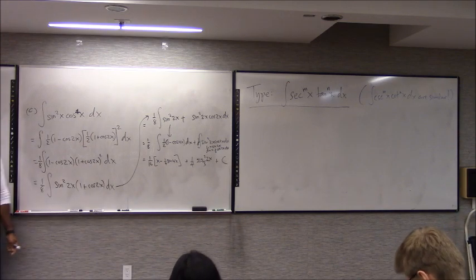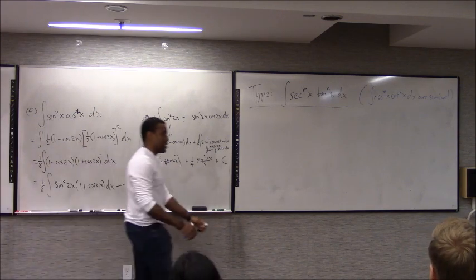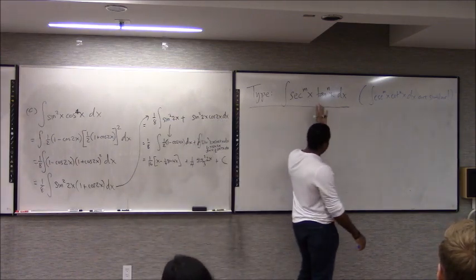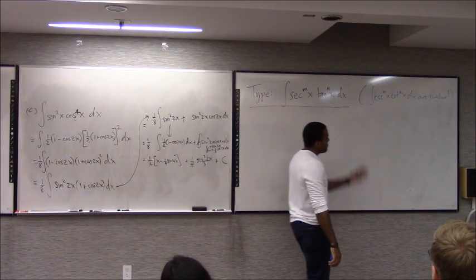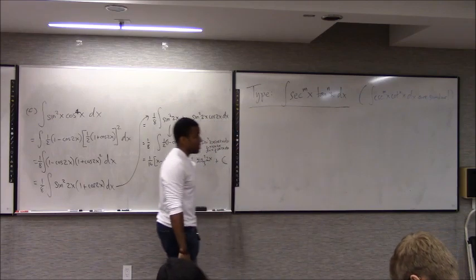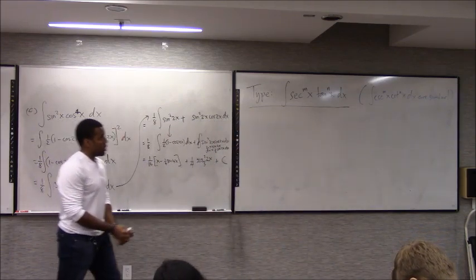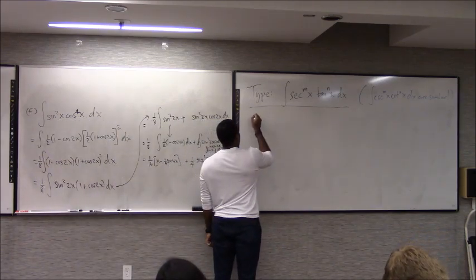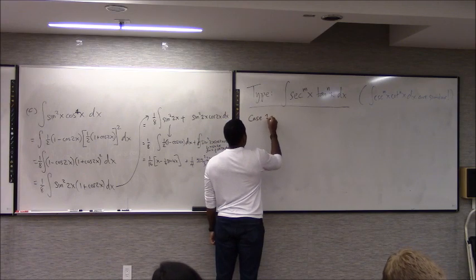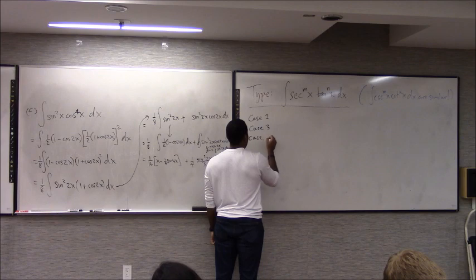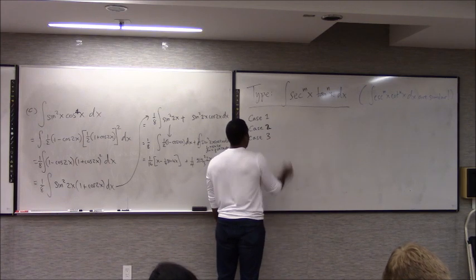The idea is, if you really understand secants and tangents, all the identities here, the techniques here will be kind of analogous to the ones over there. So here I want to cover 3 cases. I said 3 and then wrote down 3.